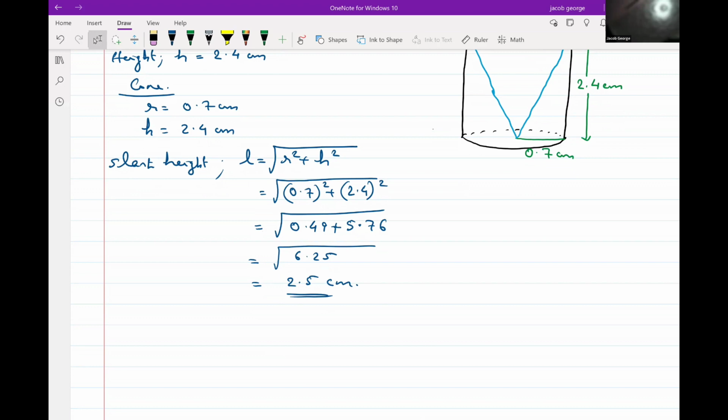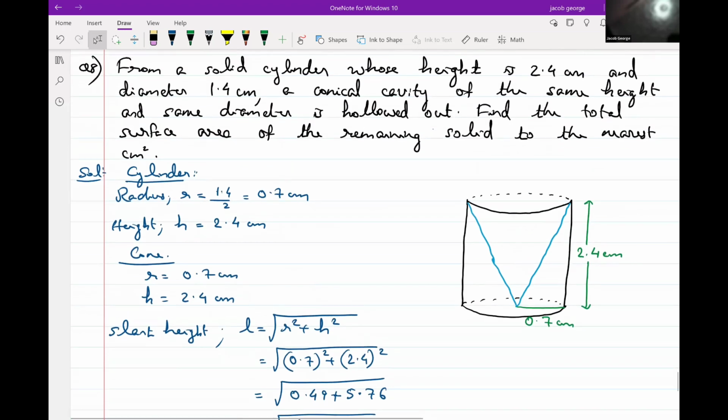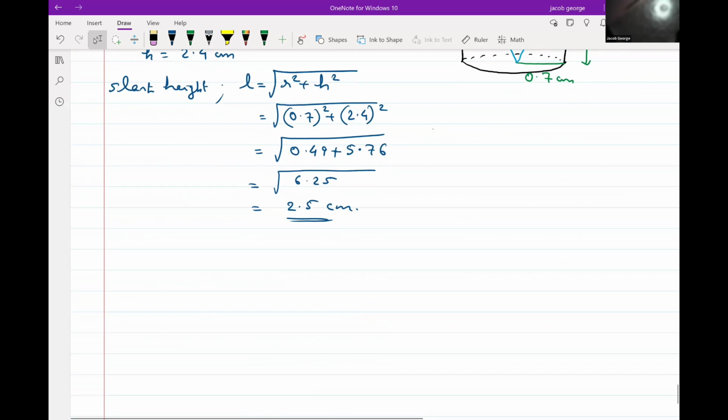Now we are going to find out the area that we can touch. This is asked to find the surface area of the remaining solid.